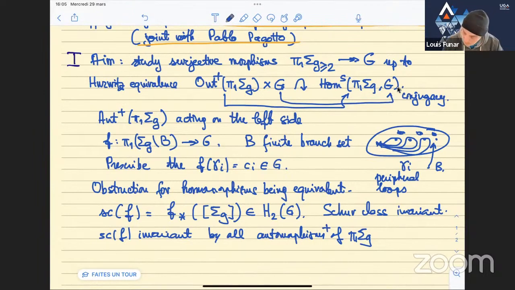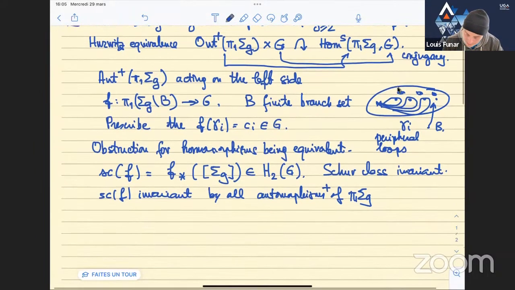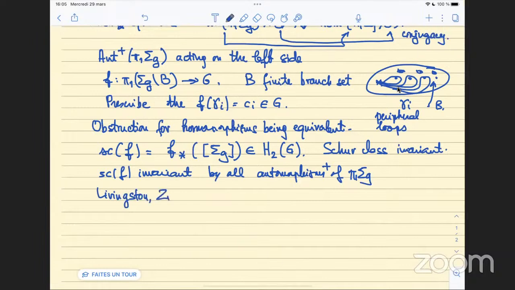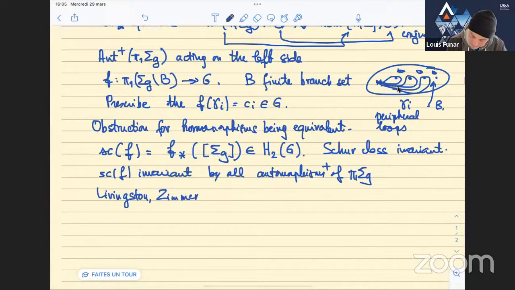And I also recall that it was a classical by now theorem due, I think, to Livingstone and Zimmermann, saying that in the 80s, 90s, they proved that this is a complete invariant for the stable equivalence.